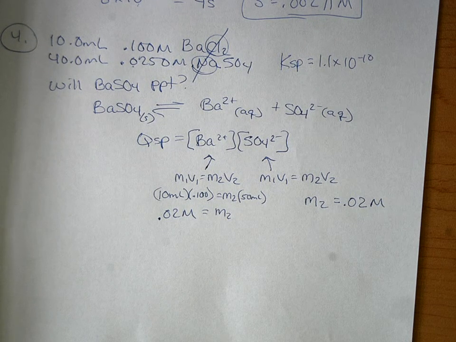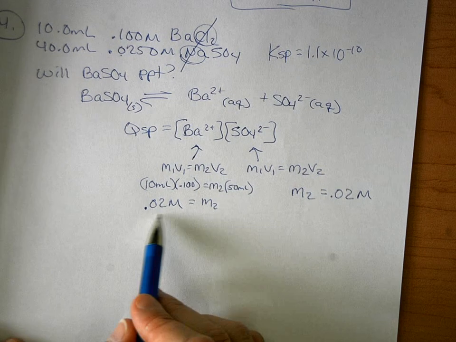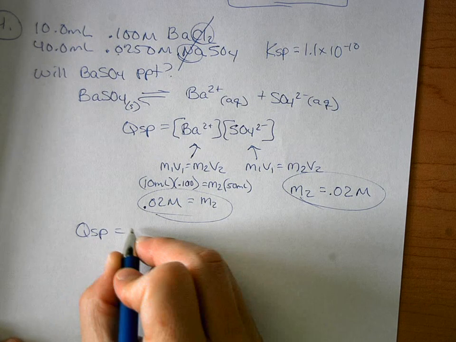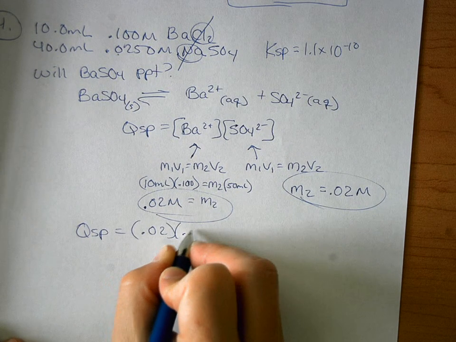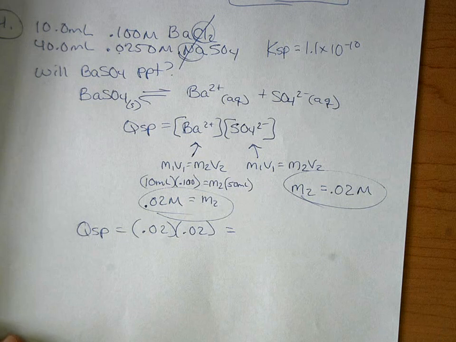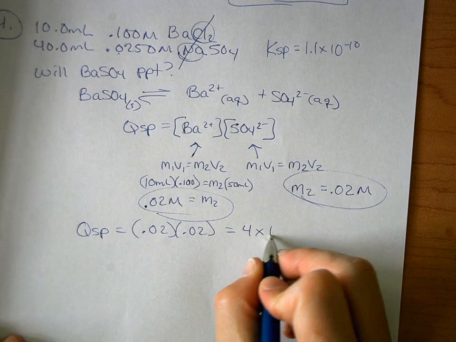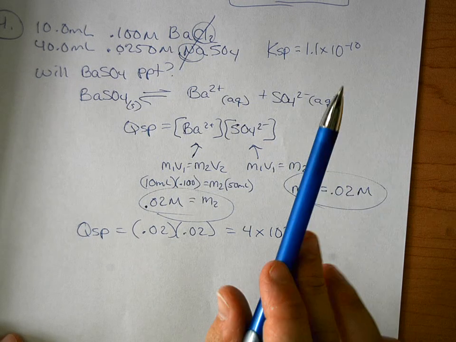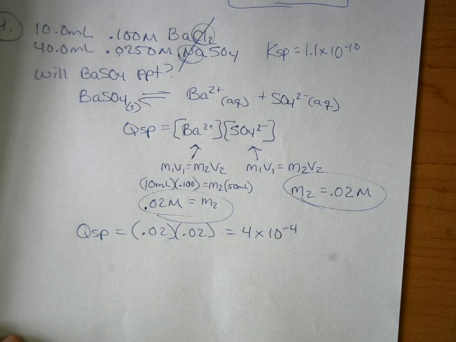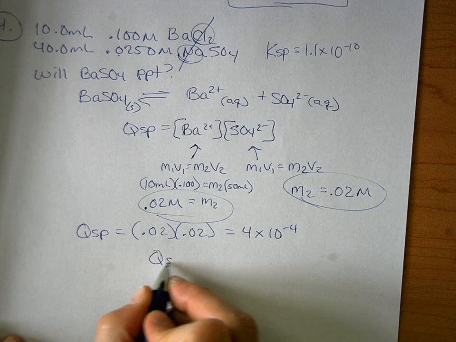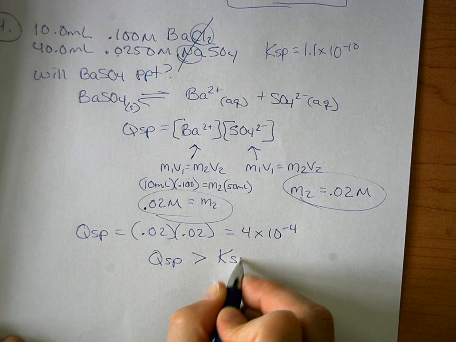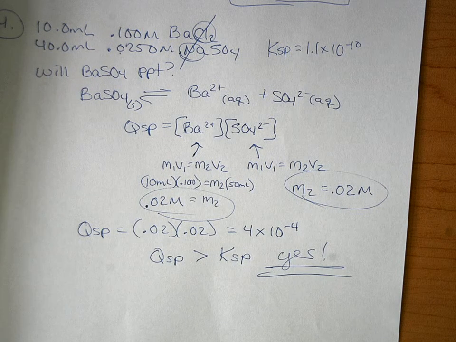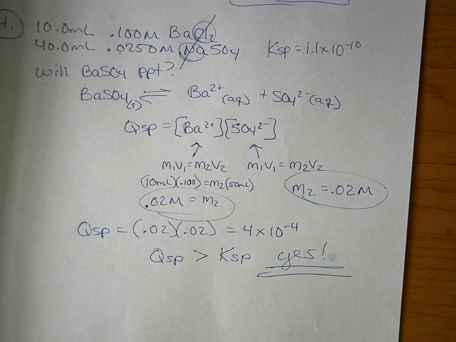Also, actually, turns out to be the same. That doesn't always happen. But then I can just plug that in for my Qsp, and I get 0.02 times 0.02. That equals 4 times 10 to the negative 4. Now, I want to compare that to my Ksp, and my Qsp is greater than Ksp, and when that happens, then there will be a precipitate that forms.